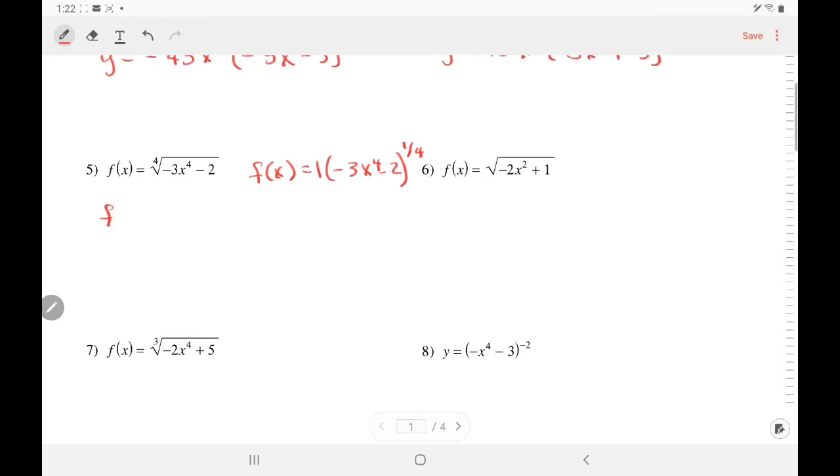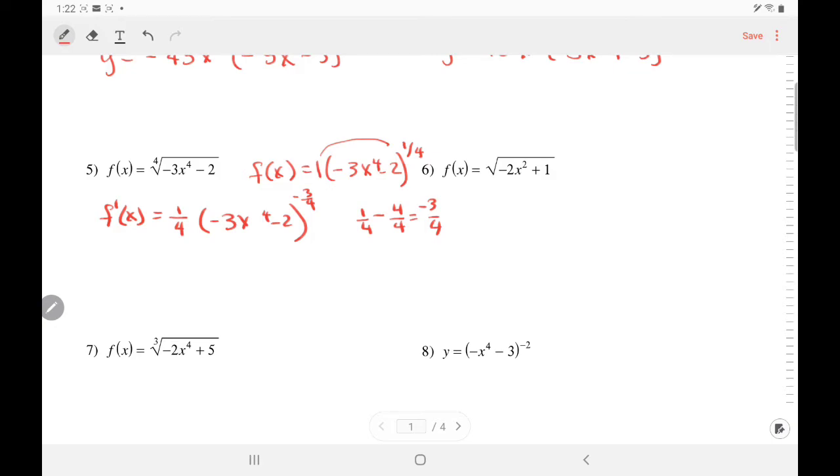So when I derive, f prime of x, multiply the 1 and 1/4. You have 1/4. Inner function stays the same. You need to subtract the power by 1. So I'm going to do it here. 1/4 minus 1 is the same as 1/4 minus 4/4, and that should equal negative 3/4. So that's the power.